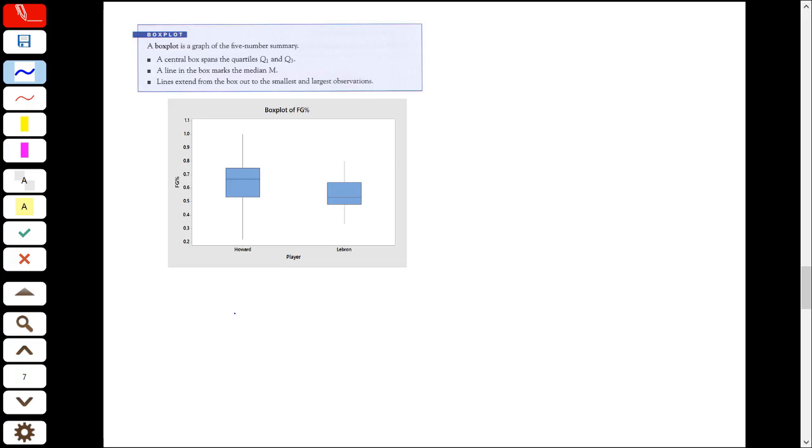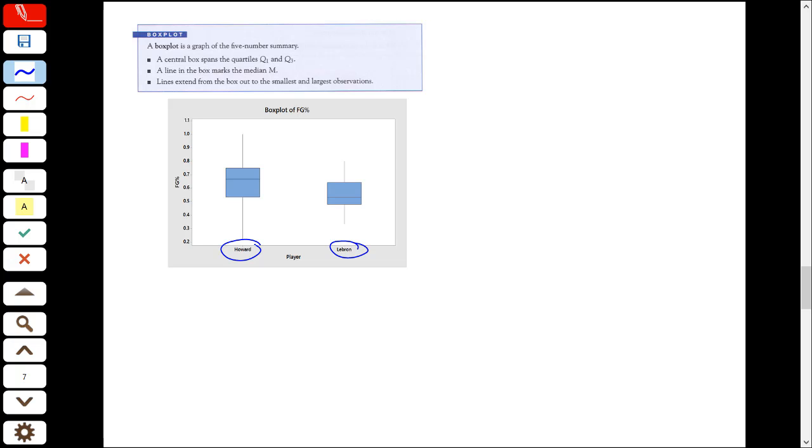A 5-number summary, a really nice thing you can do with it is turn it into a visualization, a box plot. I made these using Minitab, and what we're considering here is the field goal percentage that LeBron and Dwight Howard had. This box plot is really easy to make.